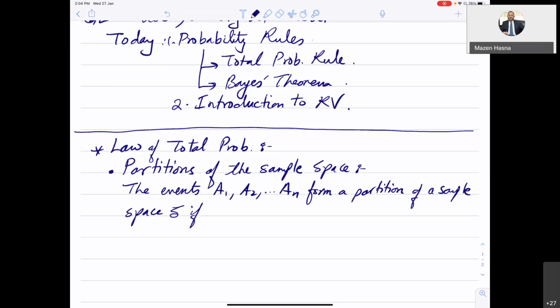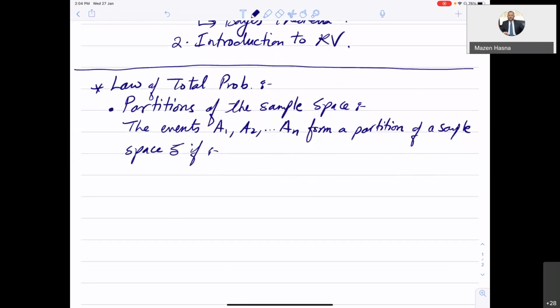if. So we have three conditions that should be fulfilled so that I can say that events A1, A2, up to AN form a partition of the sample space.